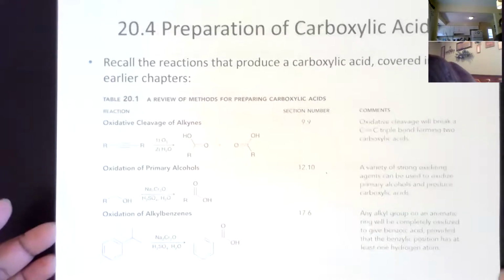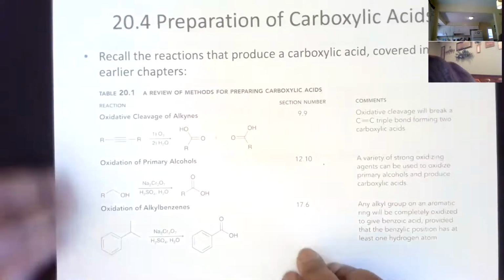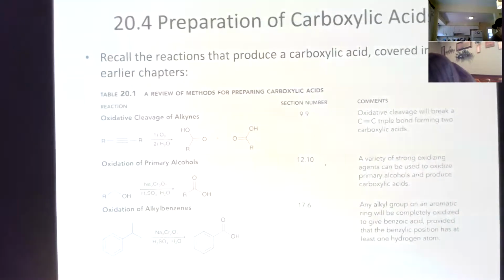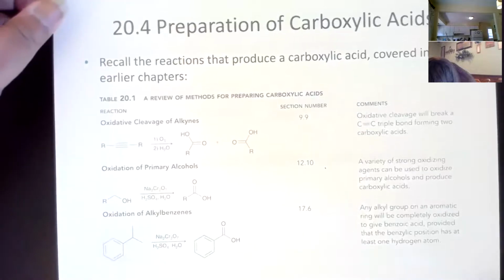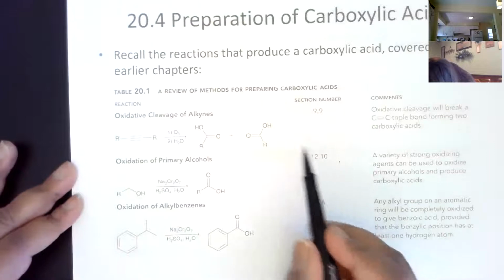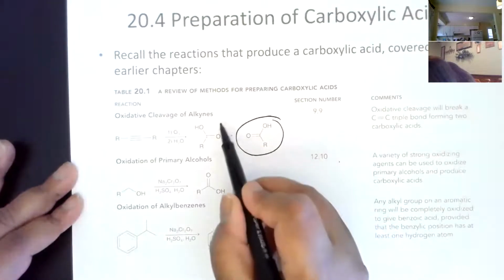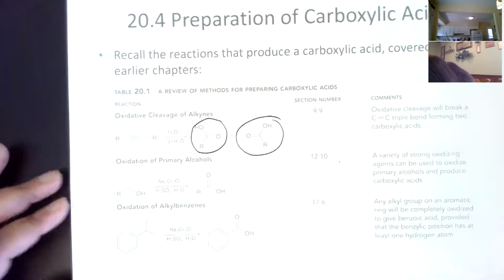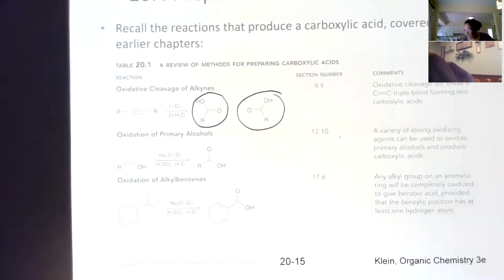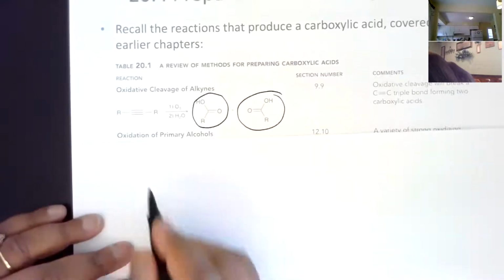Now this is, it's not very clear. These are reactions that you've seen before where acids are produced. Okay, I'm going to write the first one down and use another sheet of paper.